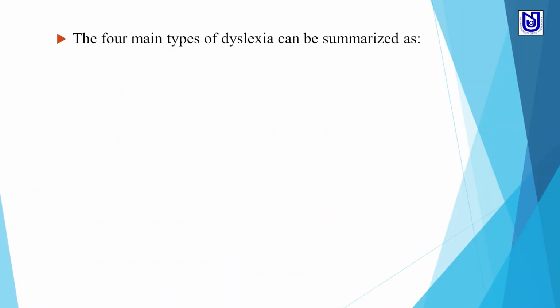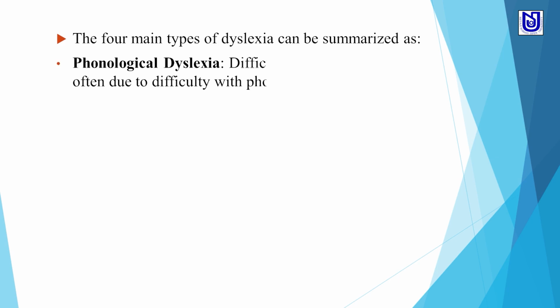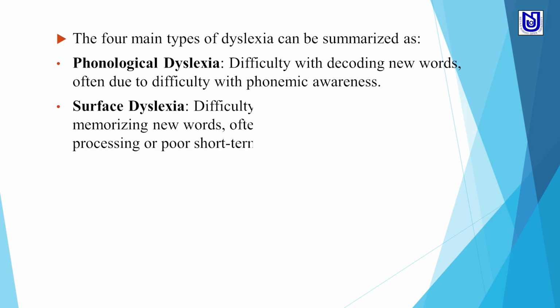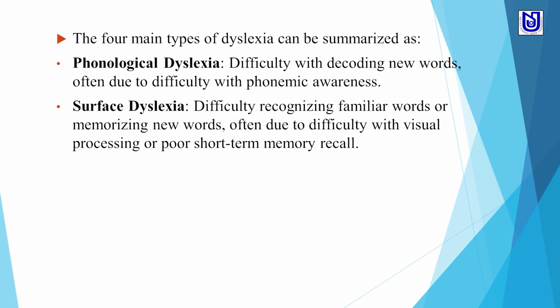The four main types of dyslexia are phonological dyslexia: difficulty with decoding new words, often due to difficulty with phonemic awareness. Surface dyslexia: difficulty recognizing familiar words or memorizing new words, often due to difficulty with visual processing or poor short-term memory recall.